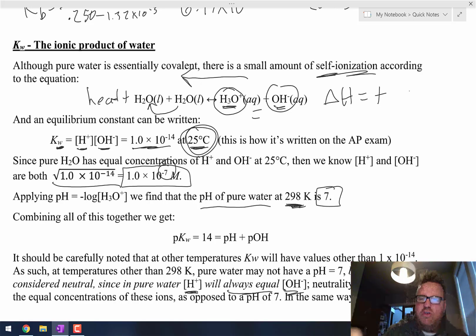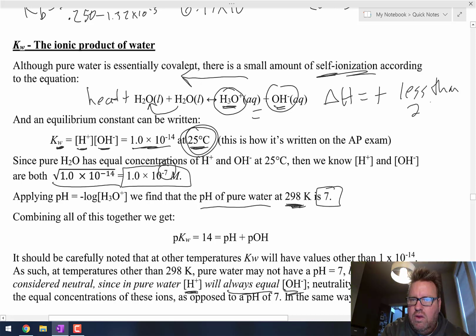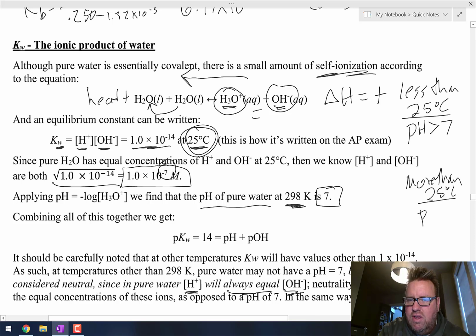So if it's less than 25 degrees Celsius, the pH of neutral water is greater than 7, because again, the reaction is going to shift to the left-hand side, reducing the hydrogen ion concentration. And of course, if it's more than 25 degrees Celsius, the pH of the neutral solution is going to be less than 7.